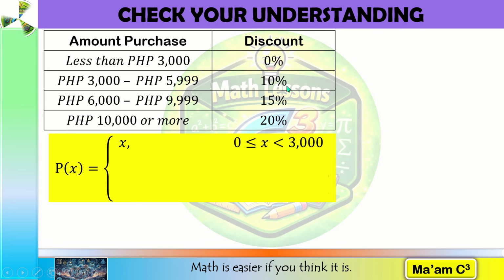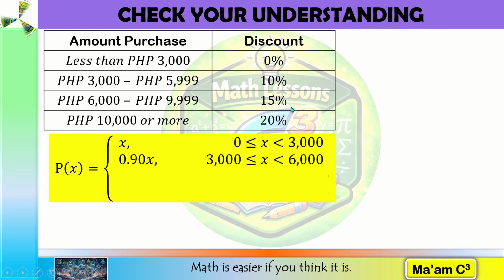So it means you're just going to pay 90% of it. So 0.90 of x if 3,000 to 5,999. I can rewrite this as less than 6,000. 5,999 is less than 6,000. Round off to the nearest peso, of course, but greater than or equal to 3,000.